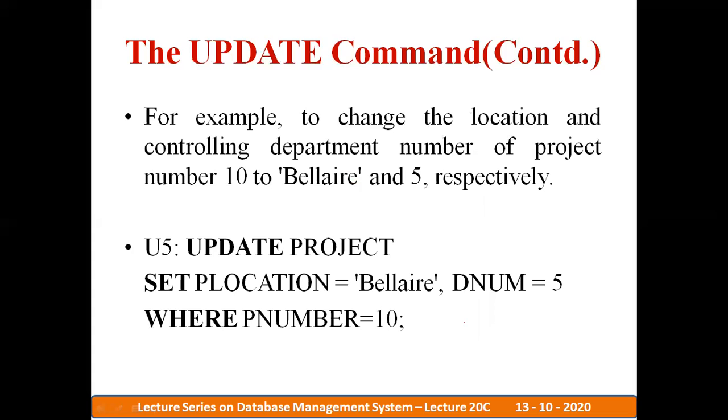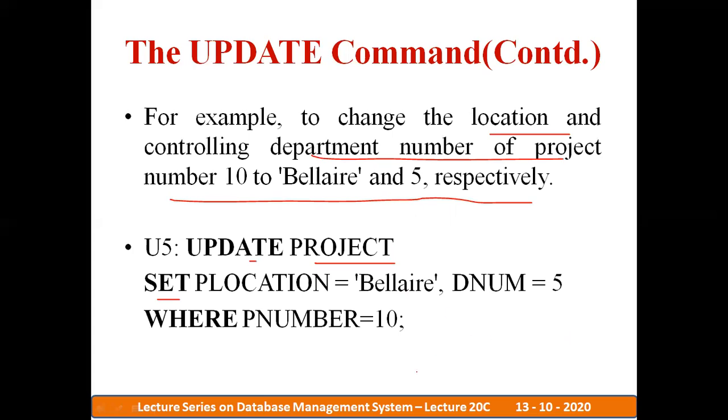For example, you can see that we are changing the location and the controlling department number of the project number 10 to Bilere and 5 respectively. Here in this case, update is the command name. Which table am I updating? I am updating the table called project. And what am I updating? I am setting the p location to Bilere, so the set will always have the new values.